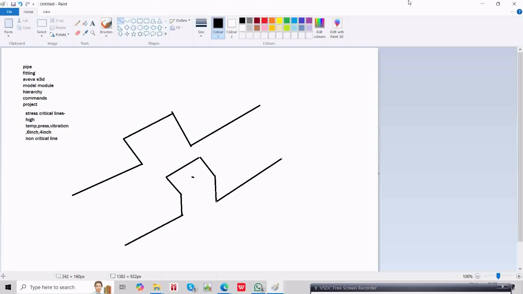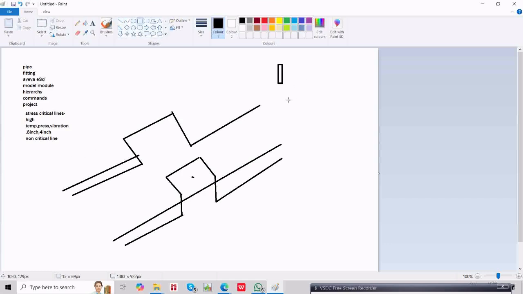A 2D loop is used when you don't have many lines along with it. Suppose for your flare line, this is one line and it has a 2D loop. You cannot run any other line here because it will clash. But in a 3D loop, there is no such possibility because it goes up and then goes in this direction. Generally when we use a 2D loop, we keep it at the corner.